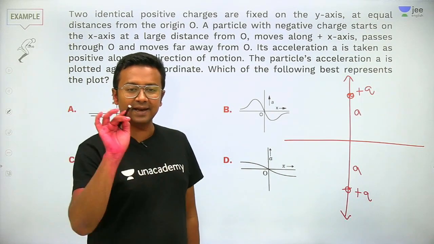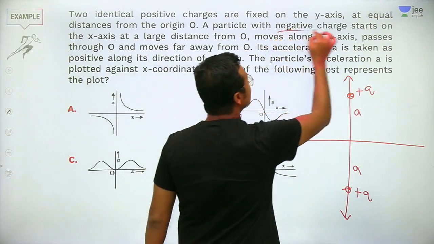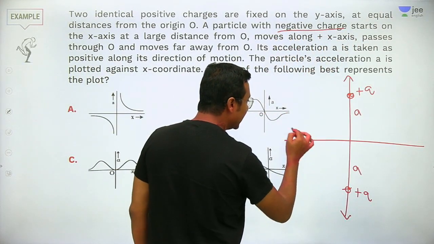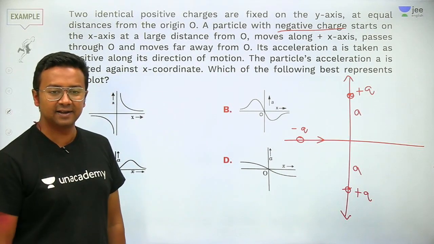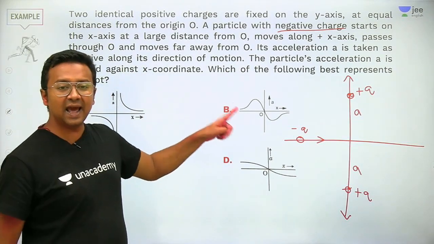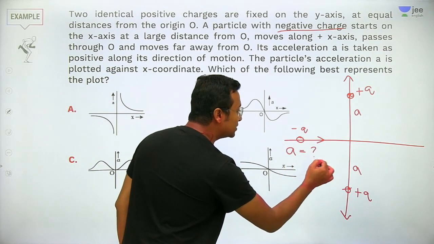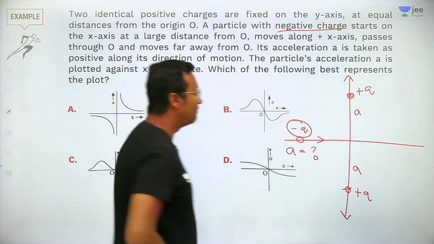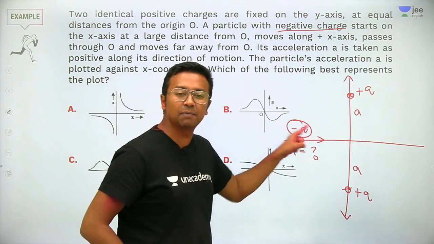Okay, there is another charge. Okay, there is another negative charge. Clear? Which is actually going along the positive x-axis. Right? Now they have mapped the acceleration of this particular charge versus the x distance, whichever position it is.